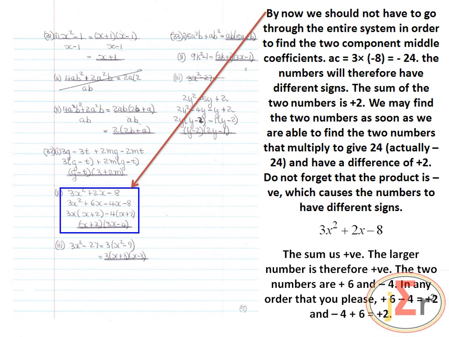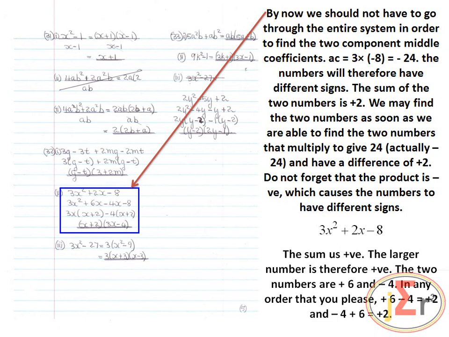So if you want to say plus 6 minus 4 is equal to a positive 2, or you want to say a negative 4 plus 6 is equal to a positive 2, you may go straight ahead. However, it is important to note that we do not have to go through all of this long and lengthy process anymore, because as a matter of fact, we can do it in our mind.